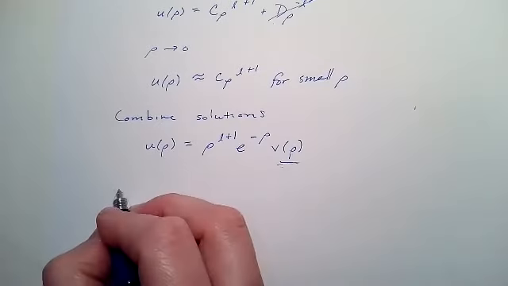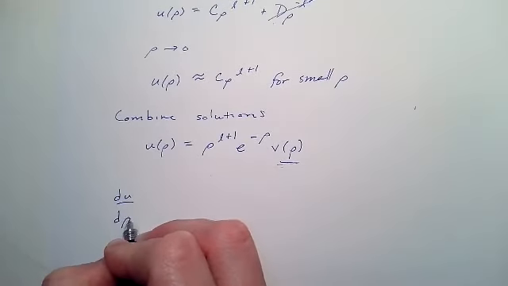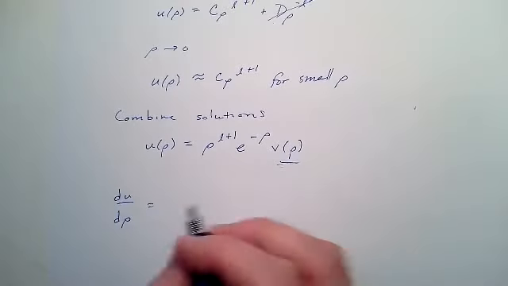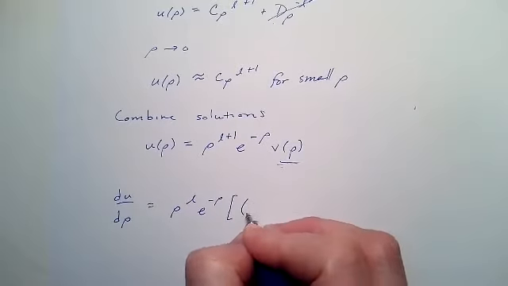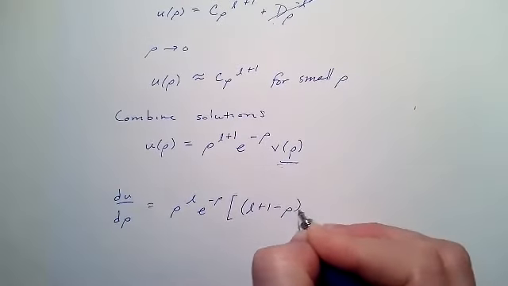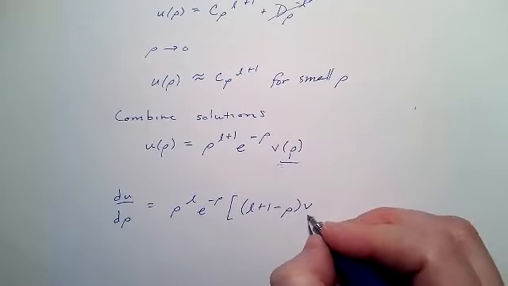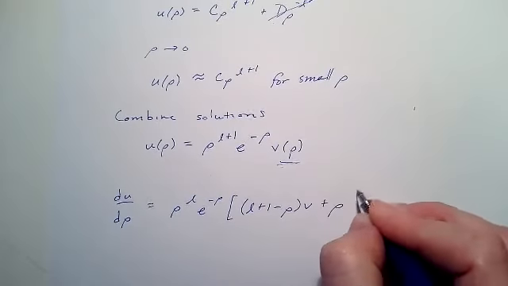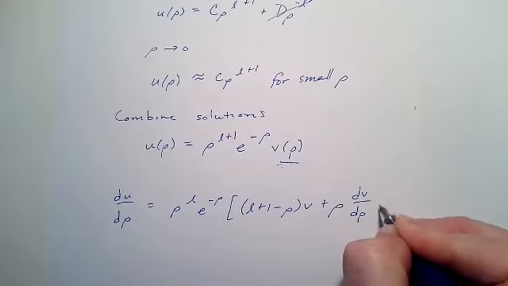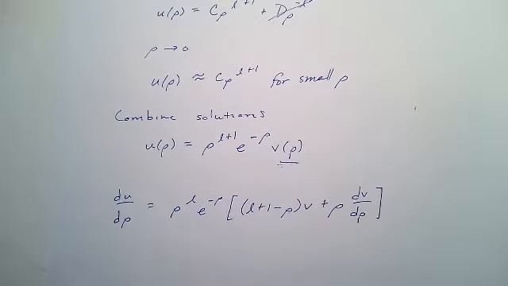So if we're going to start out with our first derivative of this function, that's going to look like this. And I'm just going to shorthand my v as a function of rho as just v. Okay, so our first derivative looks like that. Then we take a second derivative, and it is going to look like this.